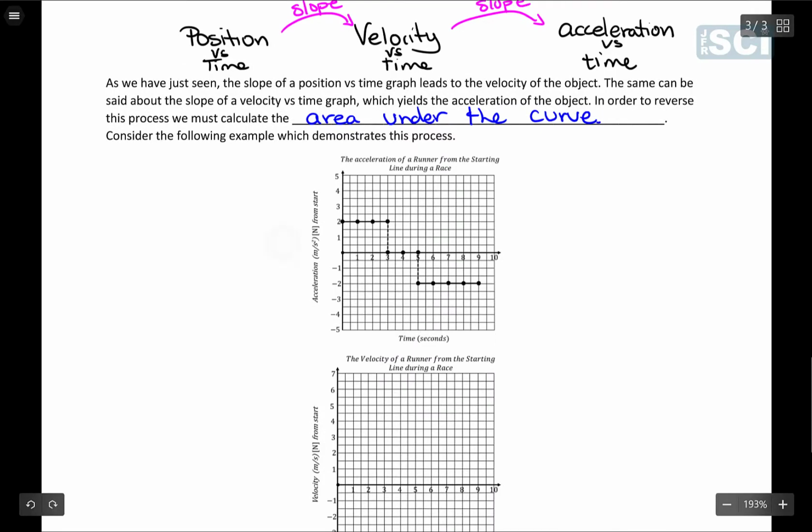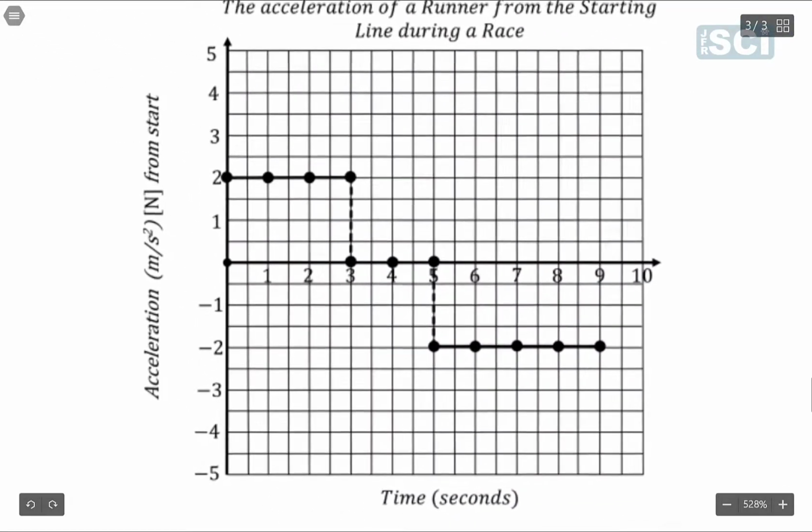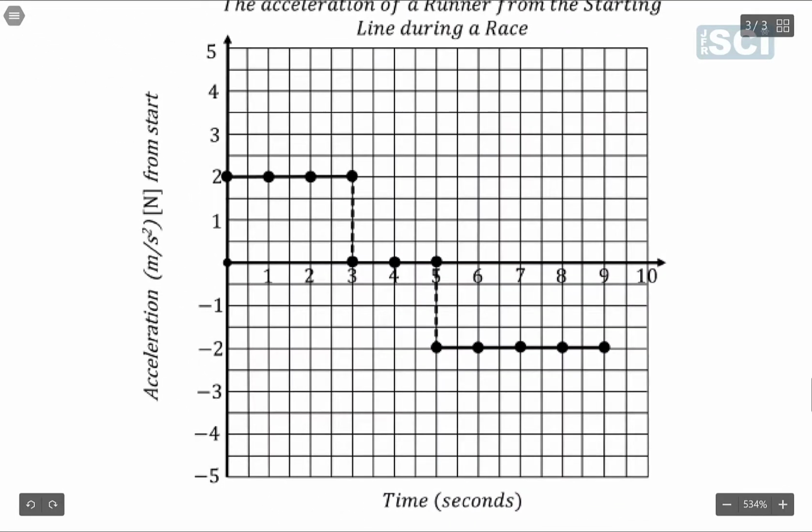Okay, so if I look at the very first one here, I see two rectangular shapes and then kind of a flat region in between them. So we know how to calculate the area under the curve. And when we say under the curve, we mean between the line and the x-axis.